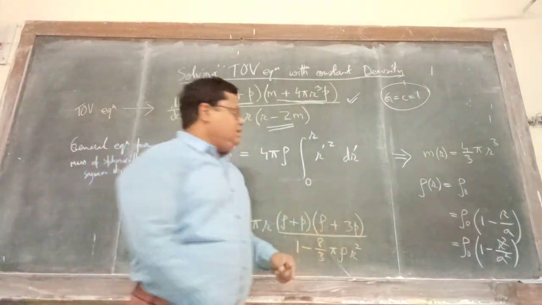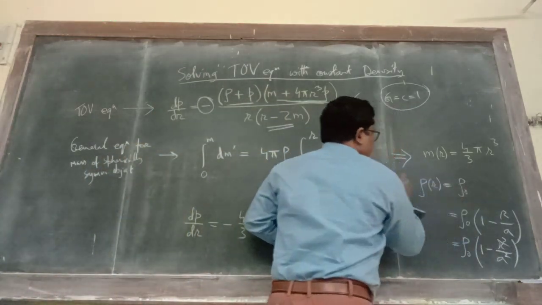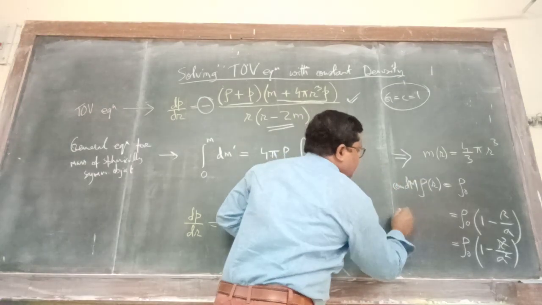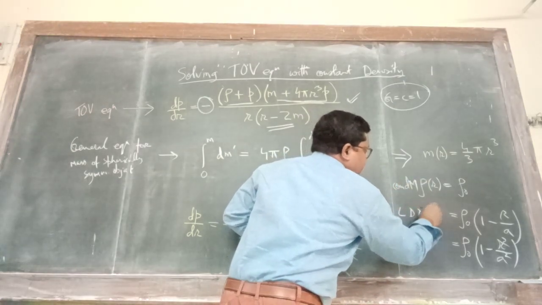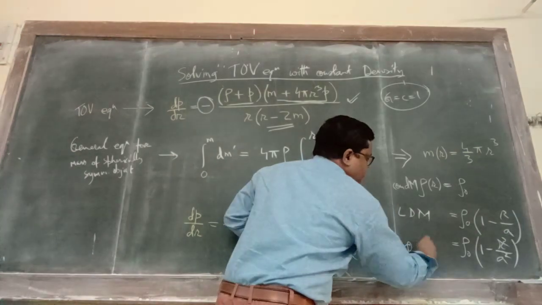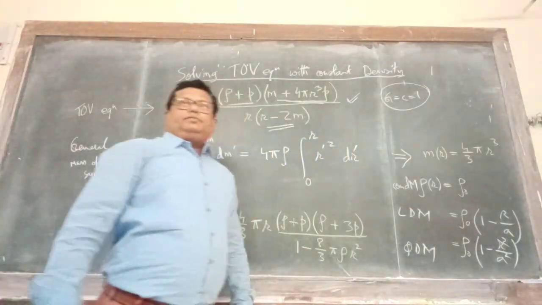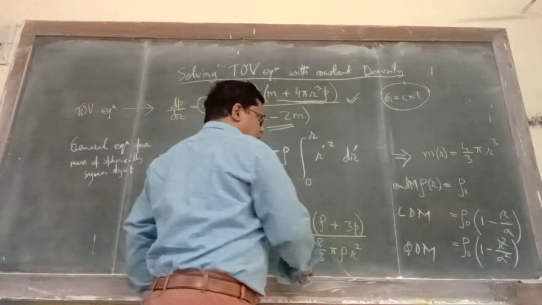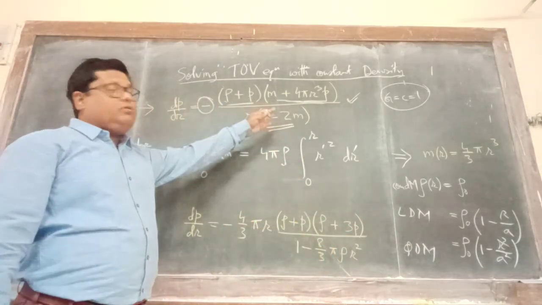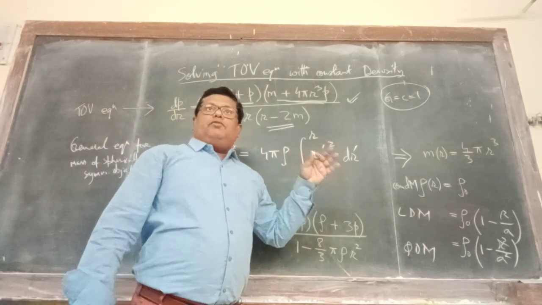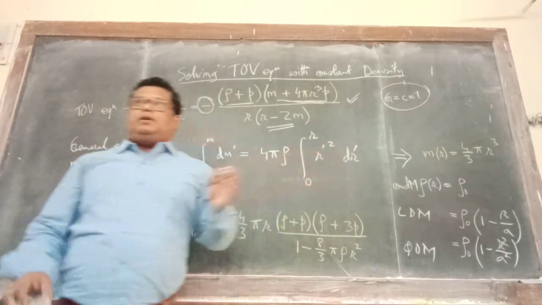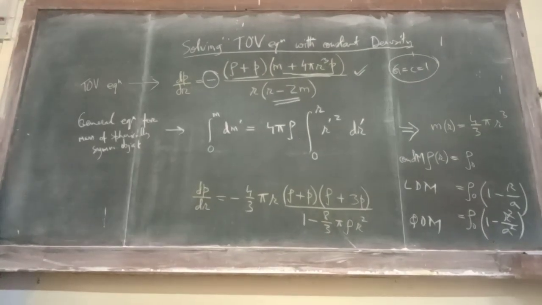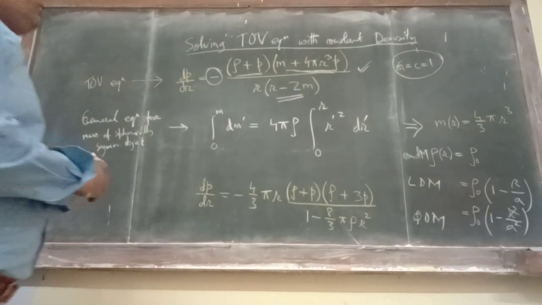So this is the constant density model, next is the linear density model, next is the quadratic density model. Out of all these, for this particular relativistic scenario, we are going to solve the simplest one, and that is the constant density model.